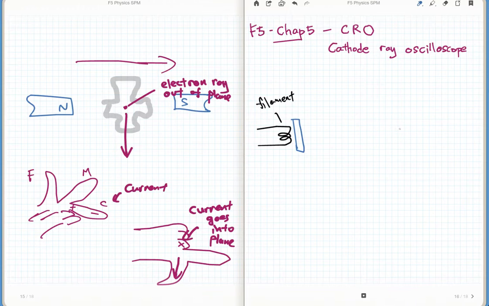Okay, so where you have a focus, they will be focused over it. But before that, they would have a control grid.